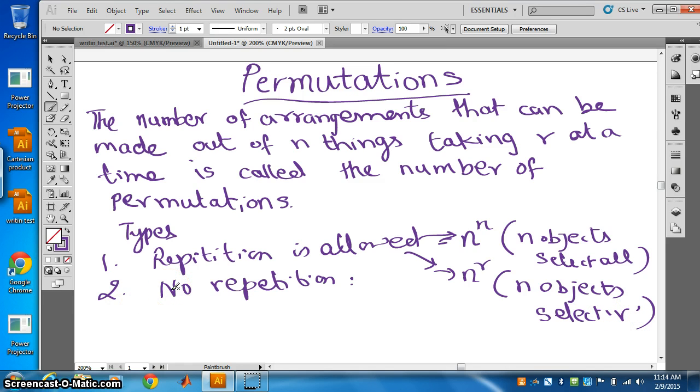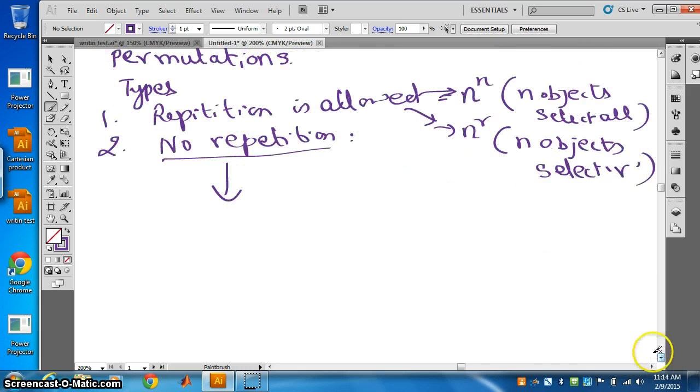When repetition is not allowed, the working rule is nPr. We can also write it as permutation of n objects taken r at a time.